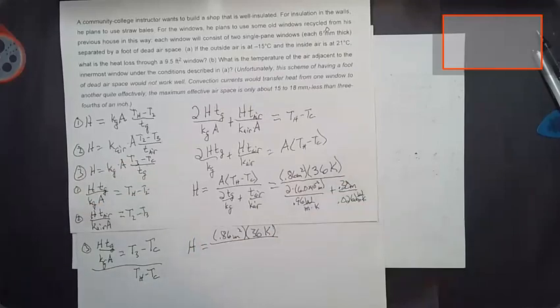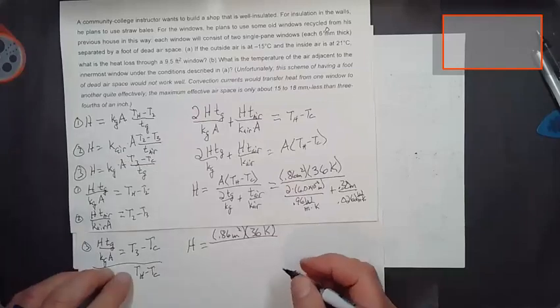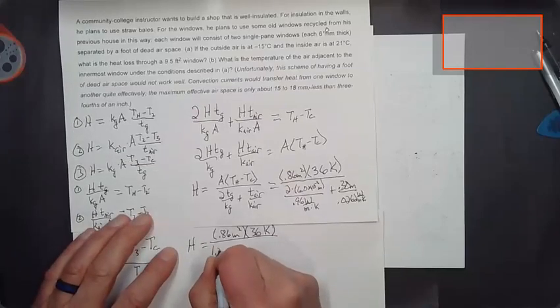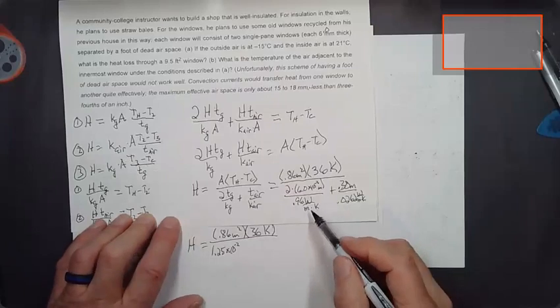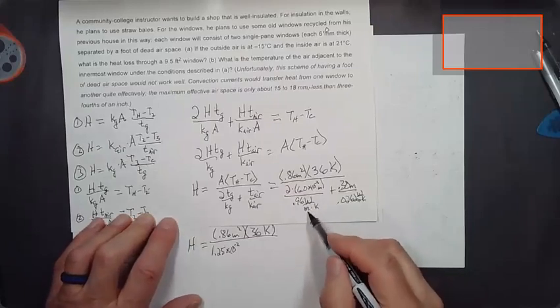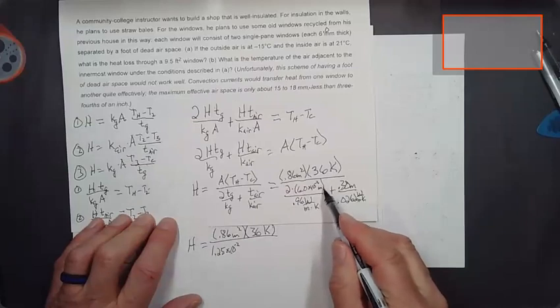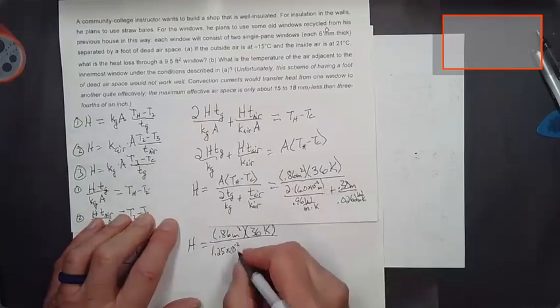So I'll calculate the first one, which is going to be 12 times 10 to the minus third divided by that thing. And I get, now the first one is 1.25 times 10 to the minus 2. And the units, I've got units on the bottom in a fraction, flip it and multiply times that, and I'll have Kelvin meter squared per watt.